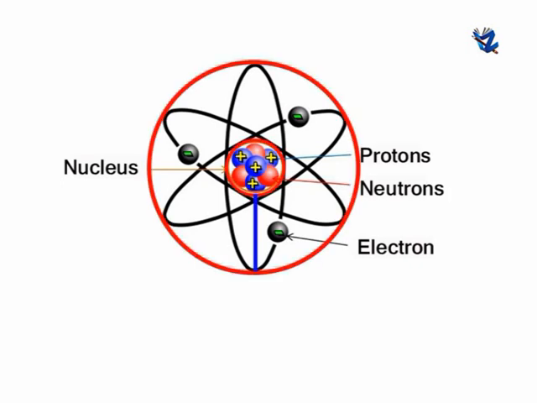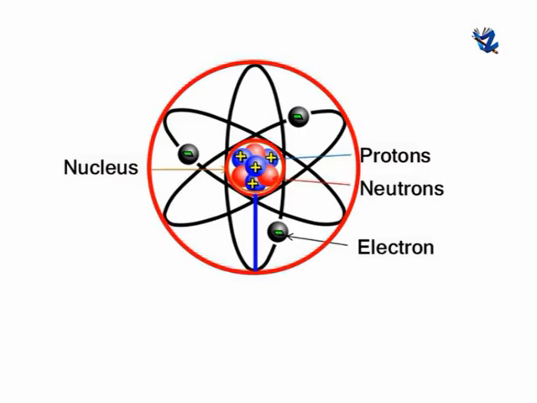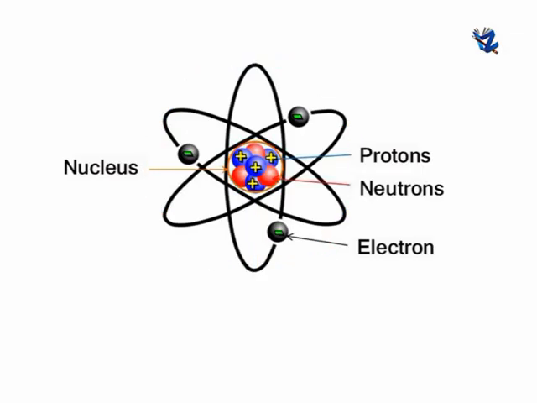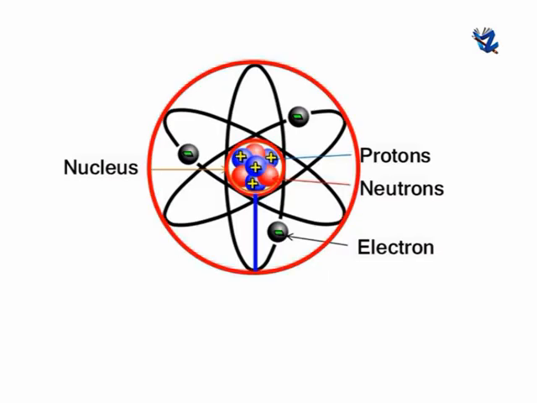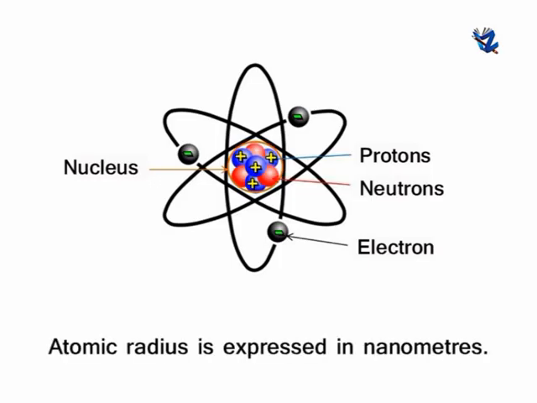The size of an atom is determined by its radius. The atomic radius of an isolated atom is the distance between the nucleus of an atom and its outermost orbit. The atomic radius is expressed in nanometers.